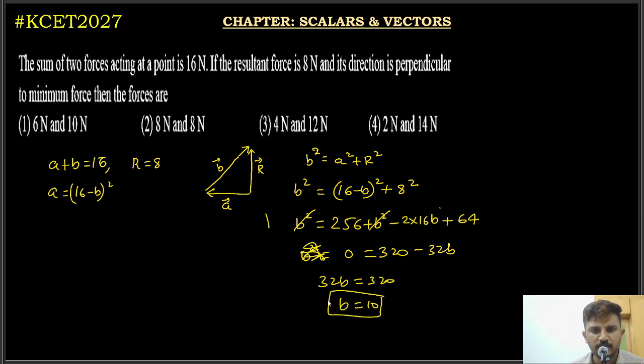Okay, B is equal to 10. So the 10 option is there in option 1. Not all options are correct. So what about A? Here the square is required. Yeah, 16 minus 10, so that is 6 Newton. So A is equal to 6 Newton.